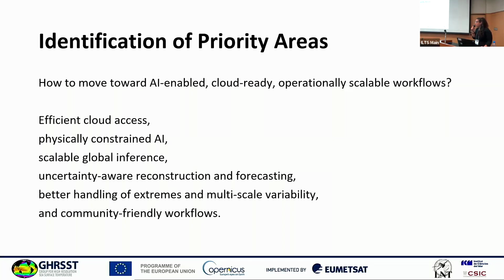One of the bigger topics, as I was saying, is the uncertainty-aware reconstruction and forecasting. It has been highlighted that we need better handling of the extremes and multi-scale variability when using AI approaches. And finally, it was said that it's quite important to have community-friendly workflows.